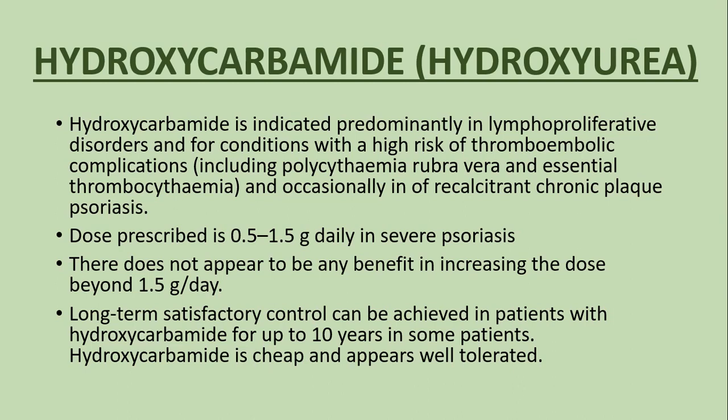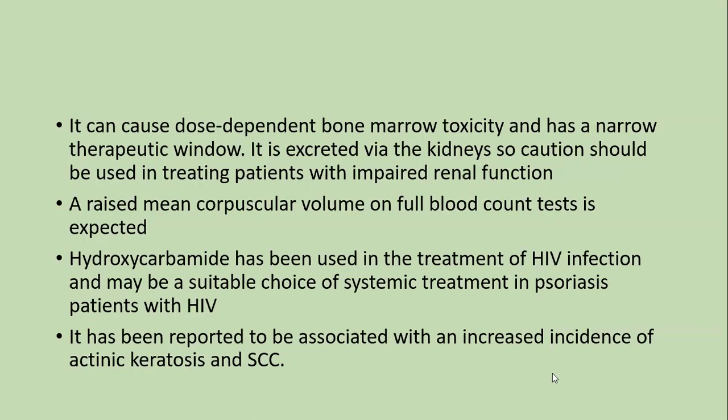Long-term satisfactory control can be achieved in patients on hydroxycarbamide for up to 10 years. It is cheap and appears to be well tolerated. The drug can cause dose-dependent bone marrow toxicity and has a narrow therapeutic window. It is excreted via the kidney, so caution should be exercised in patients with renal impairment.